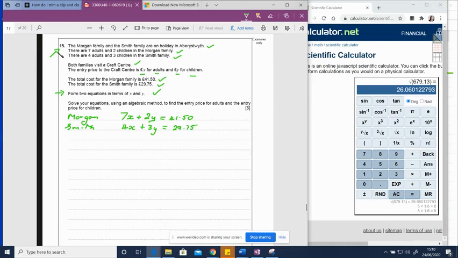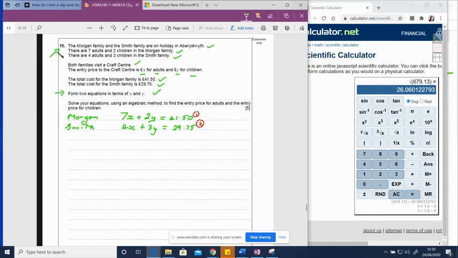Now, to solve these equations, that means we want to find the value of x and y. I'll just make sure that's quite clear, £29.75. I'm going to label these equations 1 and 2, and that will help me when I'm solving them.